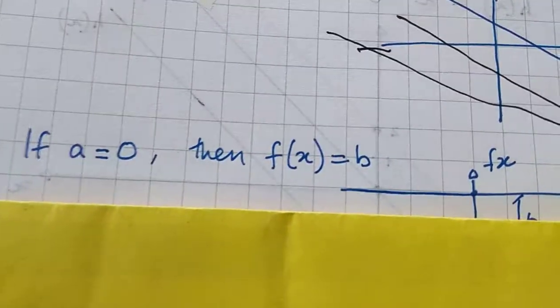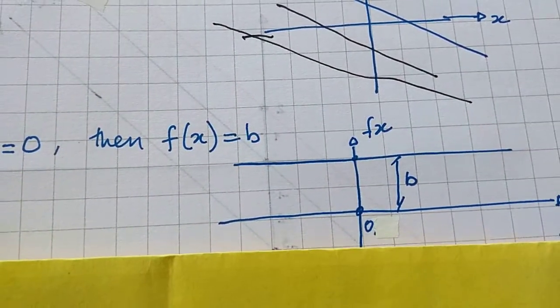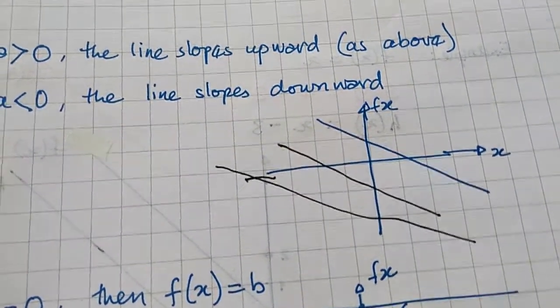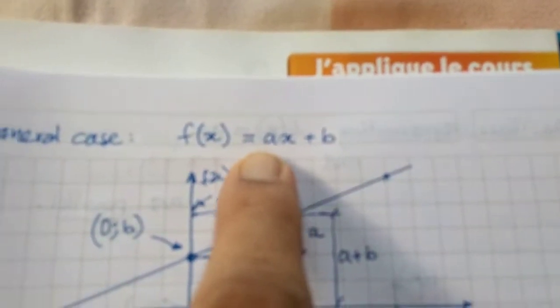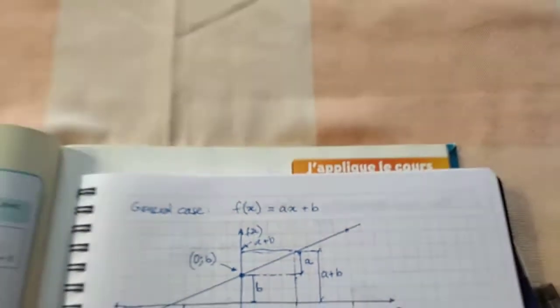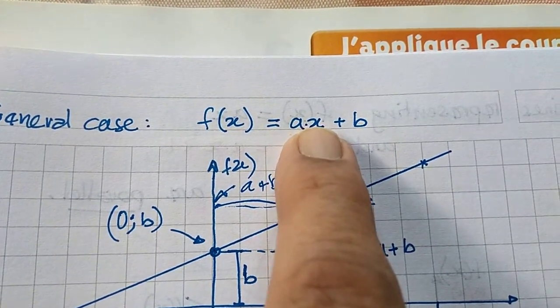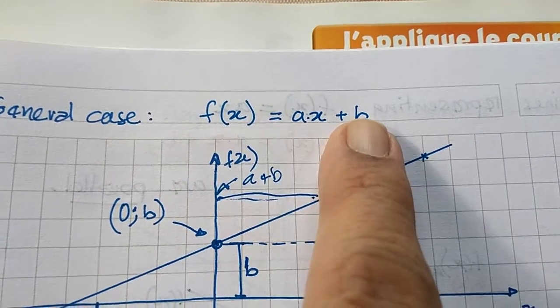Okay, if A is equal to 0, then we get a very special case where for all values of x, you just get B. Because if A is equal to 0, this equation becomes f of x is equal to 0 times x, which is 0, so it only leaves f of x is equal to b.